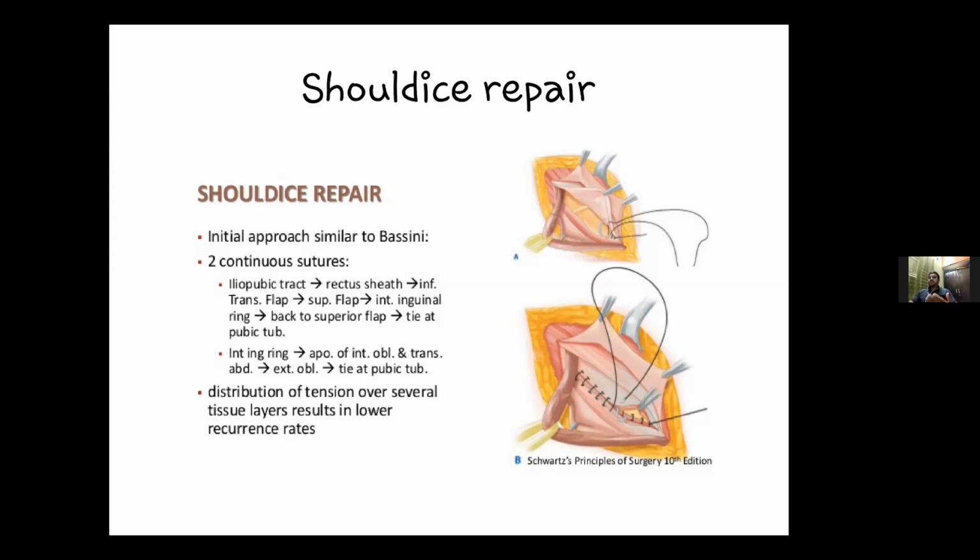The advantage of Shouldice's repair compared to Bassini's repair is that it has a lesser recurrence rate. In the latest journal they mentioned that a 1 to 2 centimeter stump of external oblique aponeurosis present in front of the inguinal ligament must be isolated.